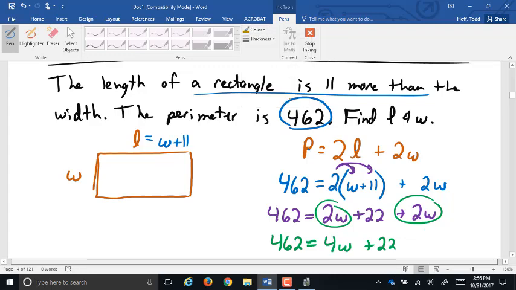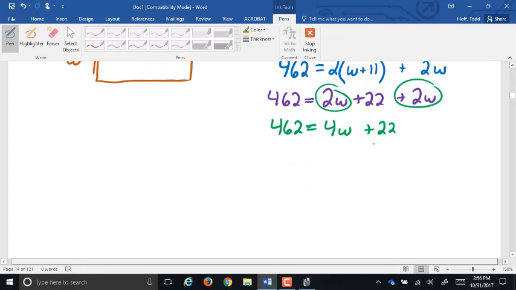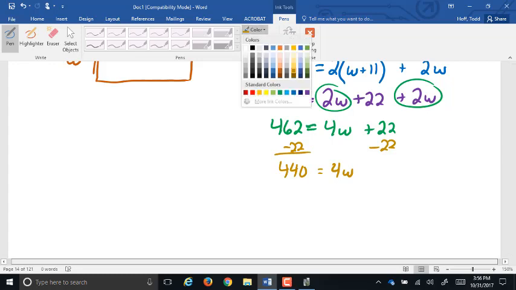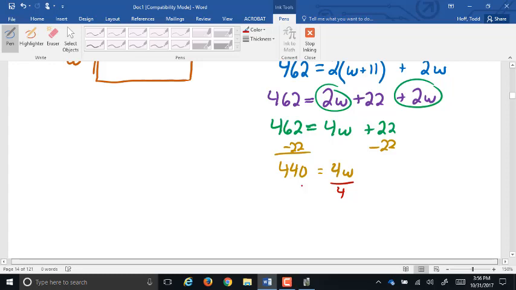And then subtract 22. So is that 440 equals 4W. And then divide by 4. 110 equals W. All done?